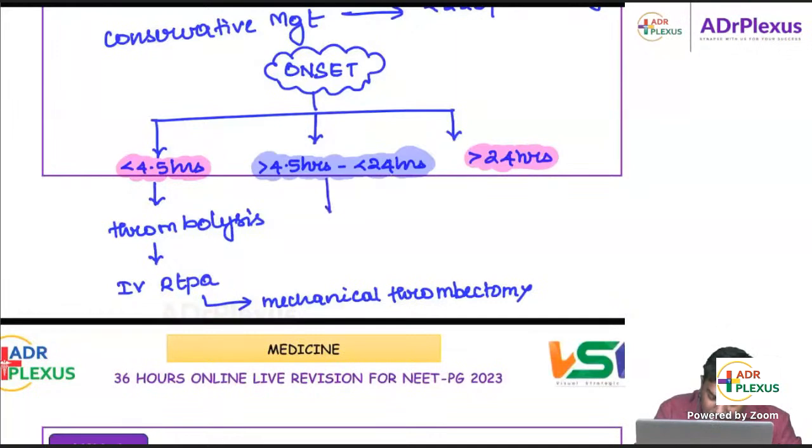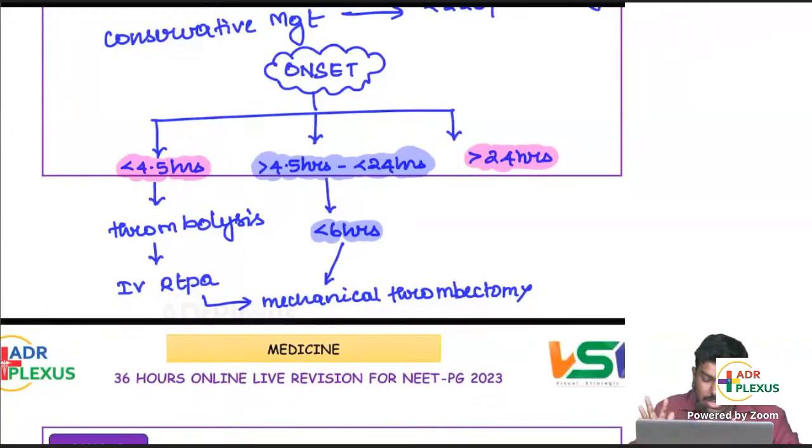Whenever it is within 24 hours, and usually less than 6 hours, then you can directly go for mechanical thrombectomy, and you should not go for thrombolysis.